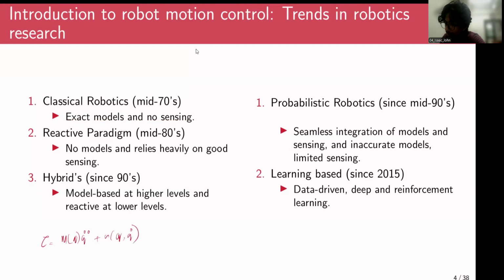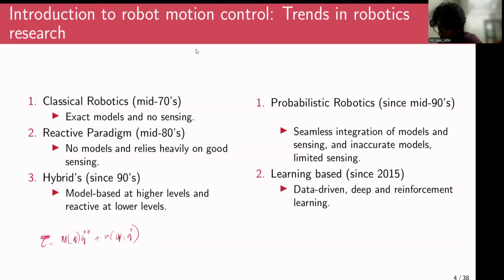We use these models as such for controlling the robot. And we also assume that the model that we have derived is an exact representation of the actual system. So all the dynamics we try to model as close as possible to the real system.